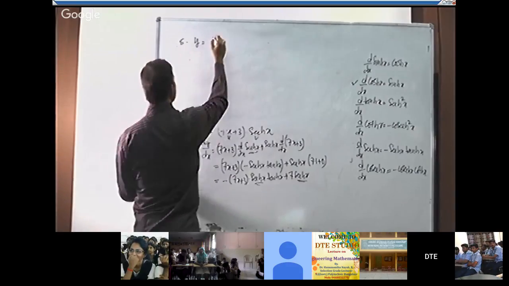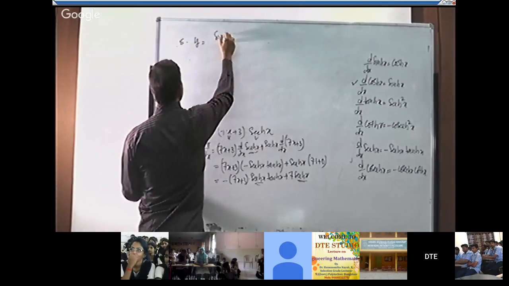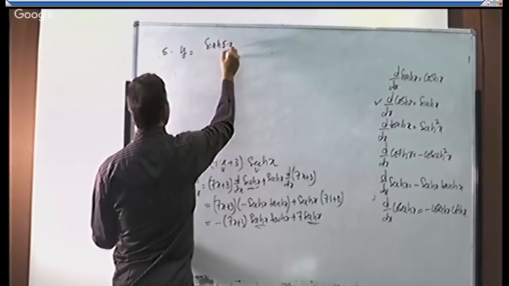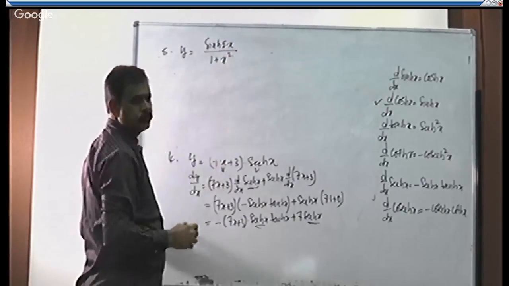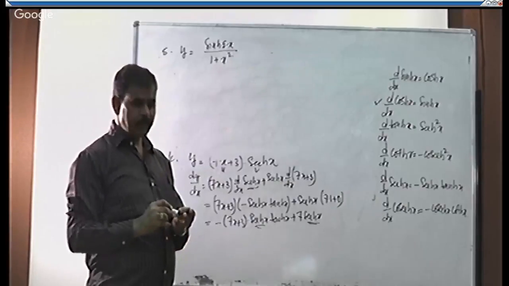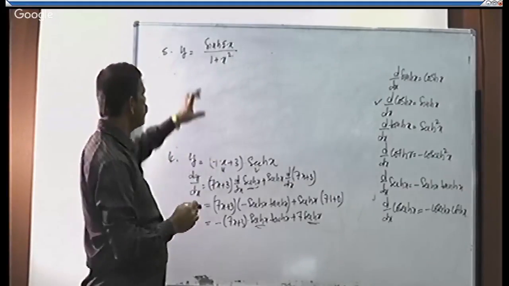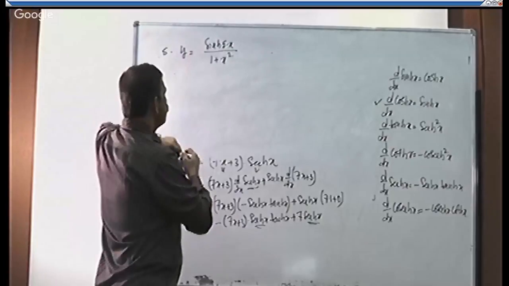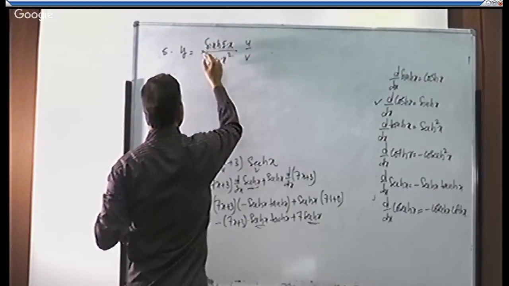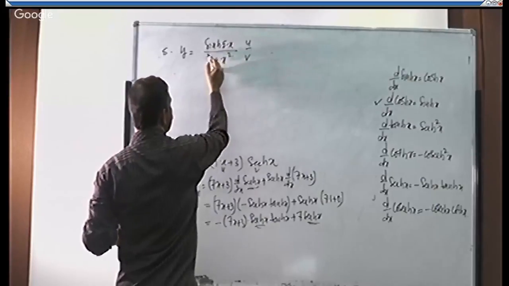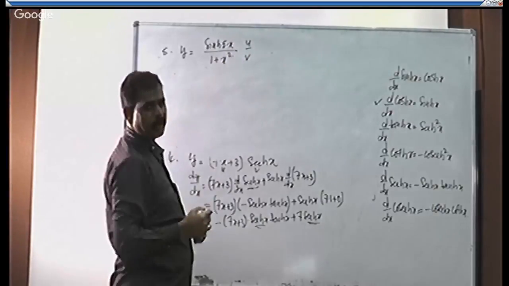Y is equal to sin h 5x divided by 1 plus x square. It is of what form? It is in the quotient form, correct? U by v. What is u? Sin h 5x. What is v? It is 1 plus x square.